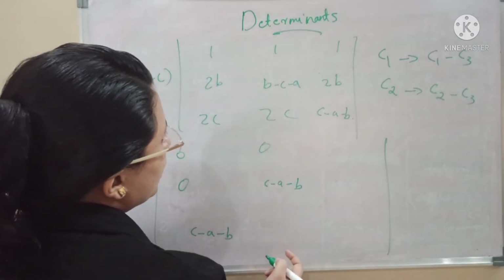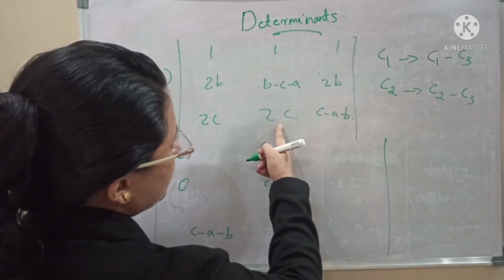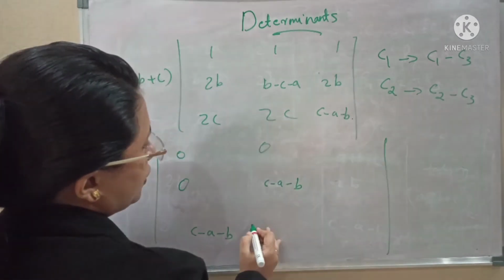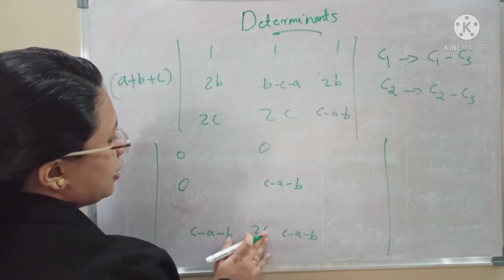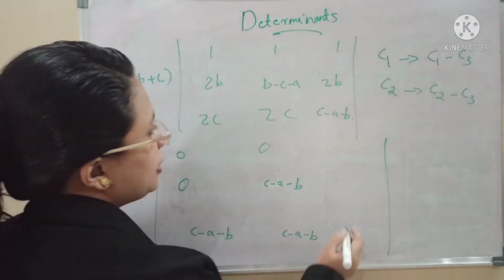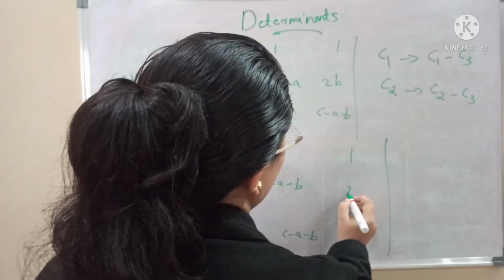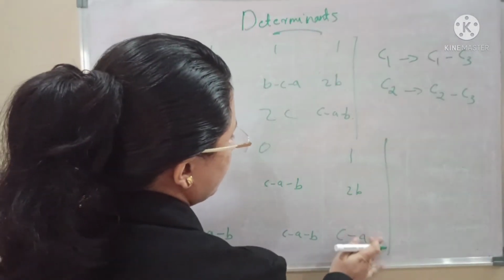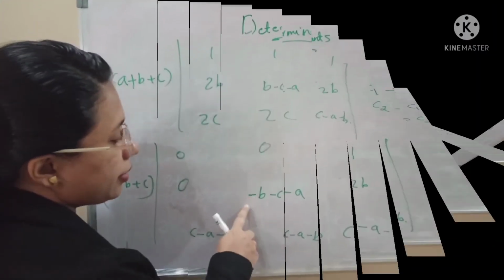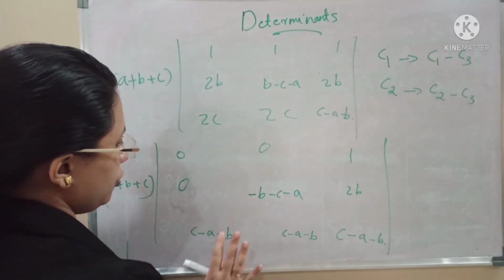Now this one, it is going to be 2C minus C minus A minus B. So this will be C minus A minus B. Now C3 will not change, it will be the same. Sorry, we have a negative. Okay, I forgot.